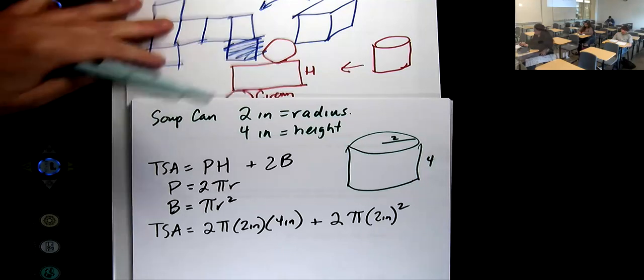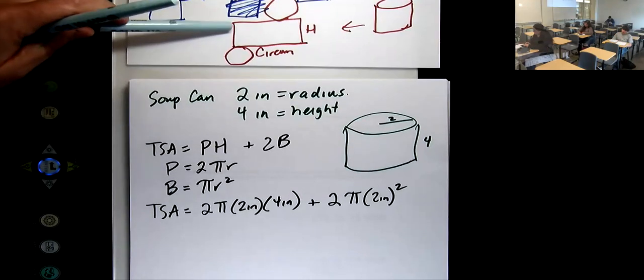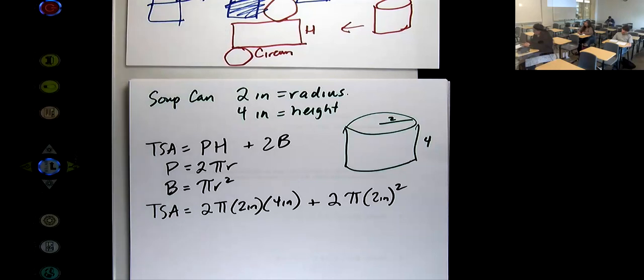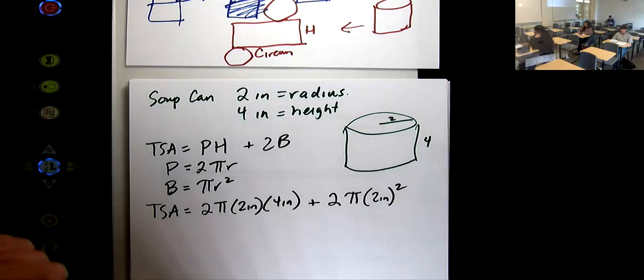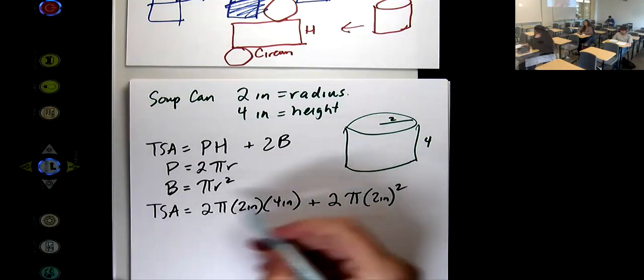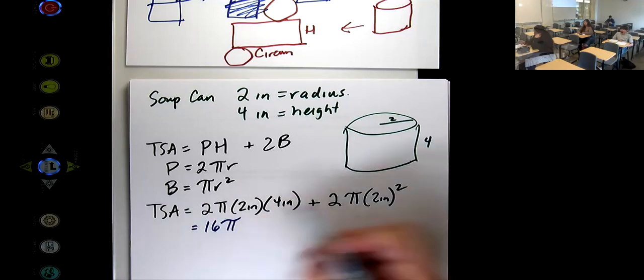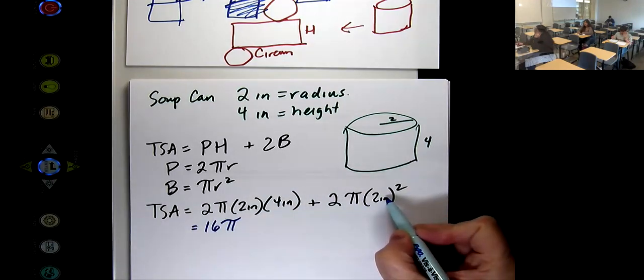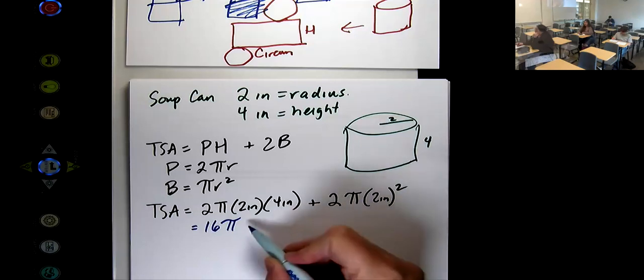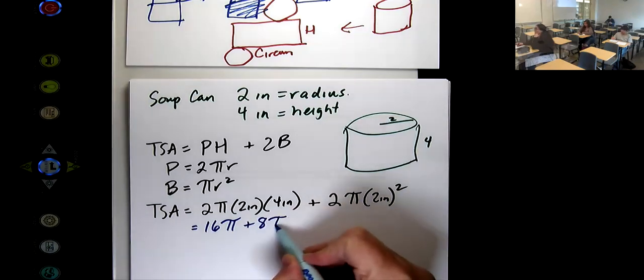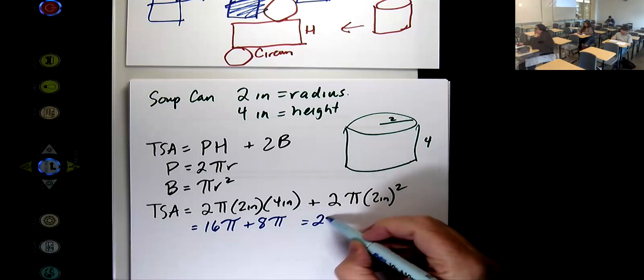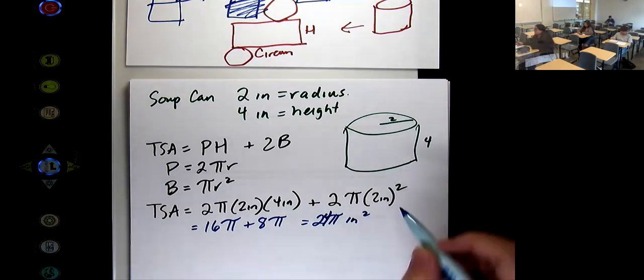And we'll walk through doing the other format right here, where you unwrap a cylinder. What do I have here? I've got 2 times 2 is 4, times another 4 is 16. I've got 16 pi on that one. And here I've got 2 times 4 is 8. I've got 8 pi on that one, for a total of 24 pi inches squared.